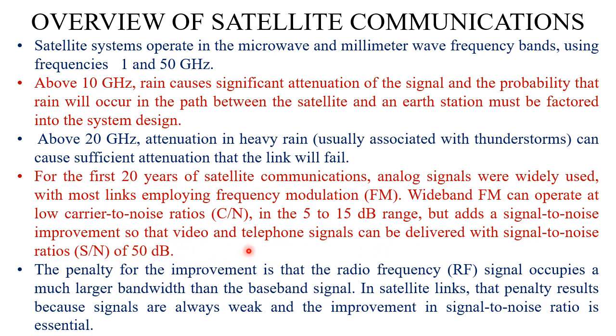The penalty for the improvement is that the radio frequency signal occupies a much larger bandwidth than the baseband signal. In satellite links, that penalty results because signals are always weak and the improvement in signal to noise ratio is essential.